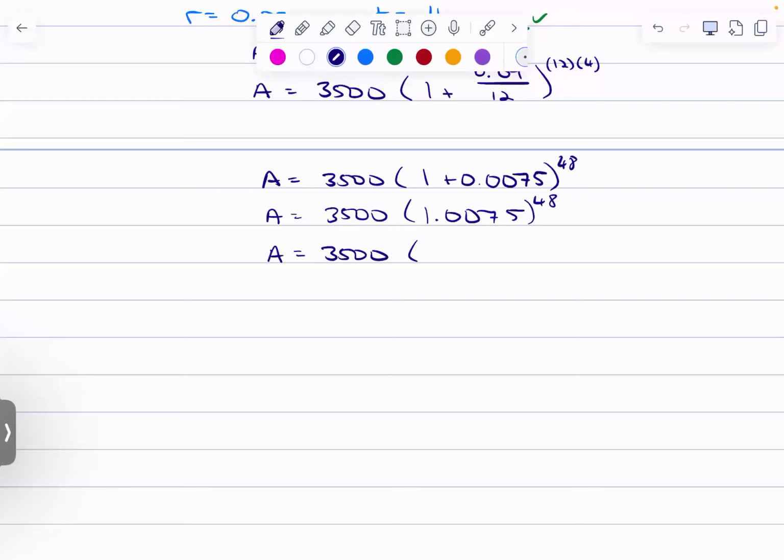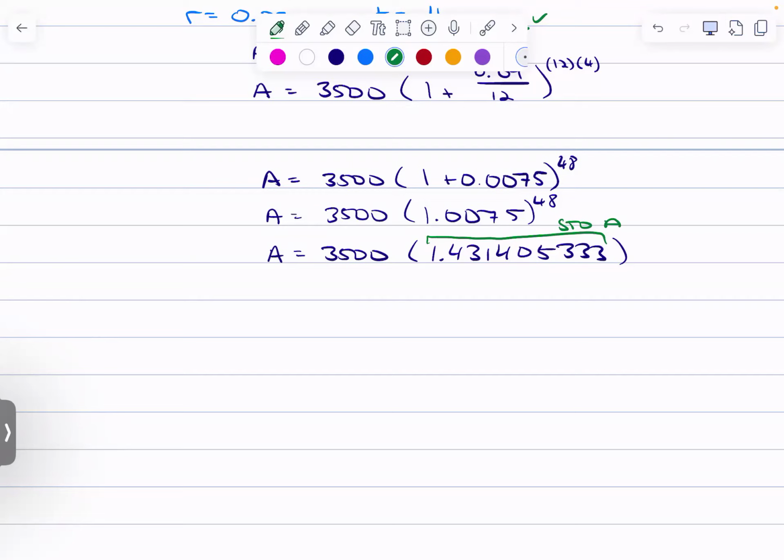I get 3,500 times 1.4314053333, and then, of course, it keeps going. But this is a nice opportunity to show how I would use the store function, and just indicate that I'm going to use all the decimal places. I'm going to store that in A. Depending on your calculator, you might have stored in 1 or 2 or 3 or 4.